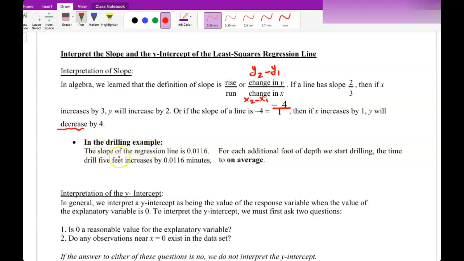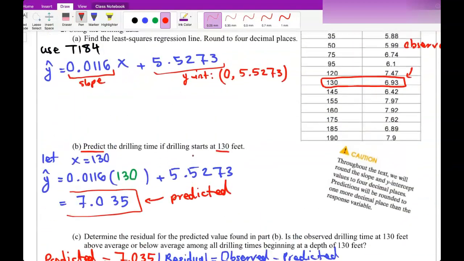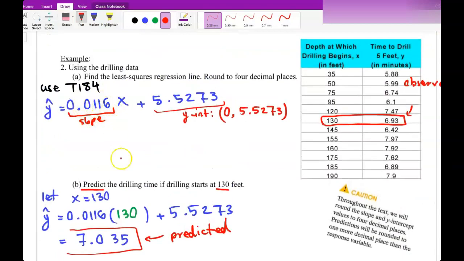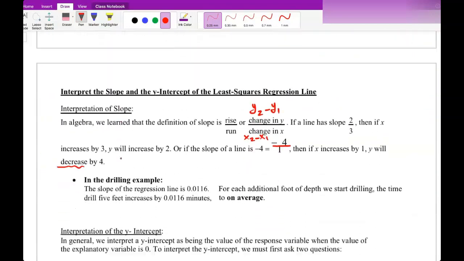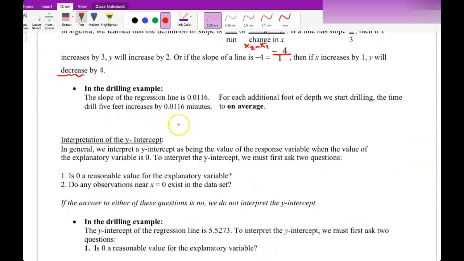In the drilling example, the slope of the regression line is 0.0116. So this is what we had for slope on this example drilling data.